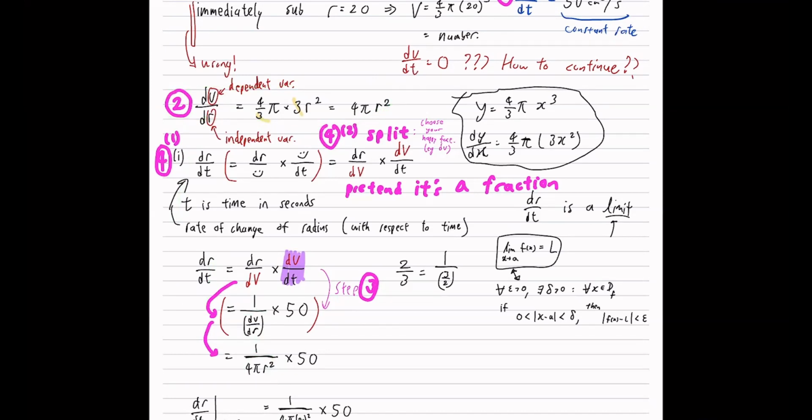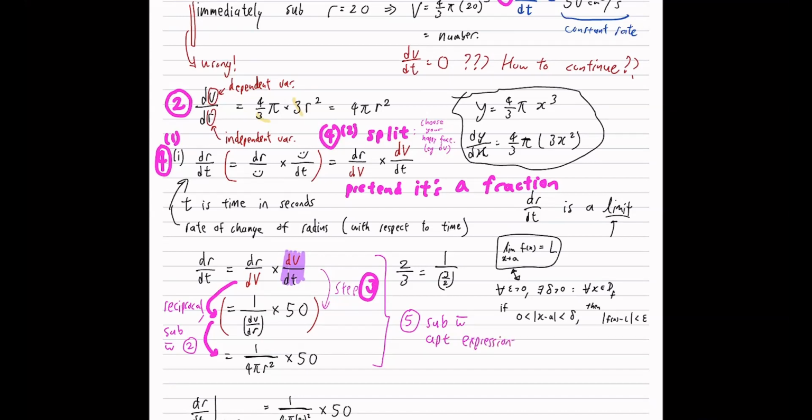So this is a common trick. Take the reciprocal, then sub with step 2. Maybe I'll just call this entire step as one step. Step 5, sub with appropriate expressions.